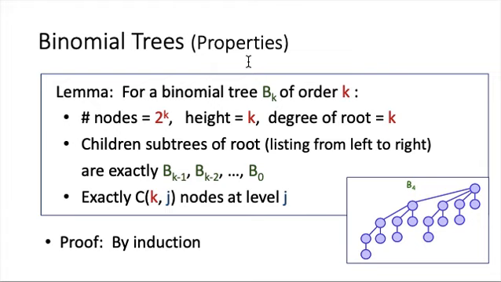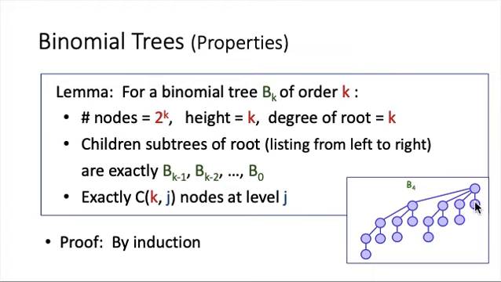Now, although Bk is defined using the idea of joining two Bk minus 1 trees, another way to see this is like this. If you look at the children of the root, each of them is a root of a certain subtree.